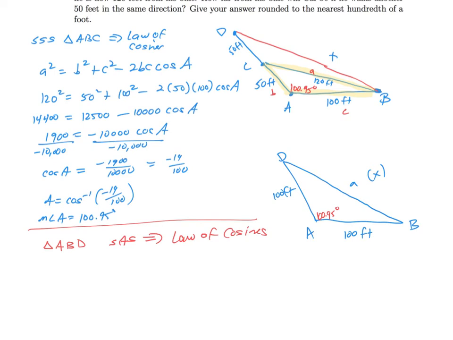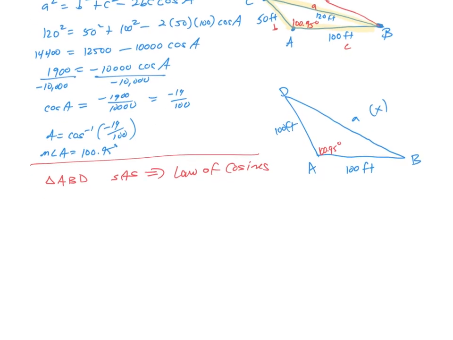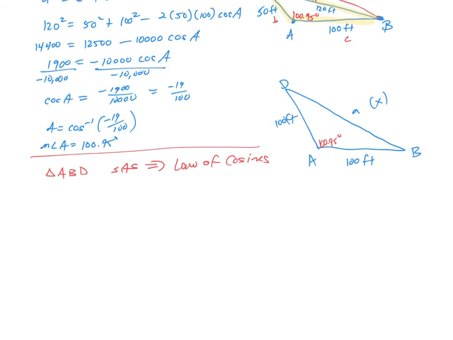So we don't have one of those pairs. So we're going to set up law of cosines to find little a. So a squared, that's what we want to know, is going to be equal to 100 squared plus 100 squared minus 2 times 100 times 100 times cosine of angle A, which was 100.95 degrees.